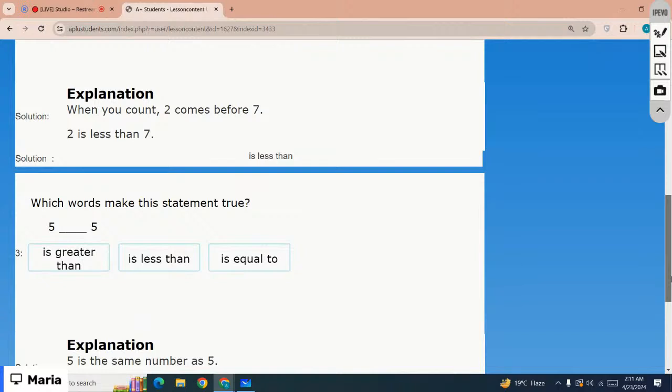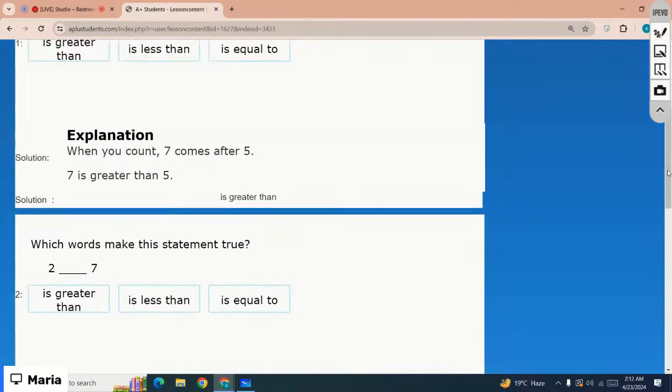The number is exactly the same, so 5 is equal to 5. The correct option is they are exactly equal.